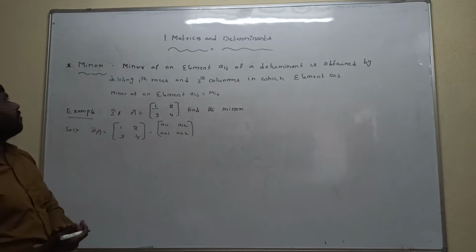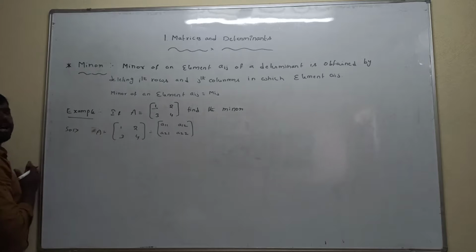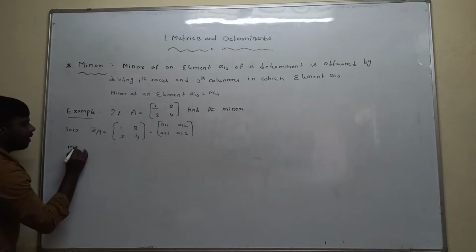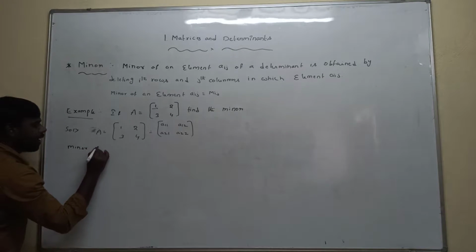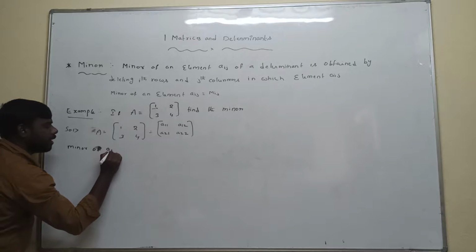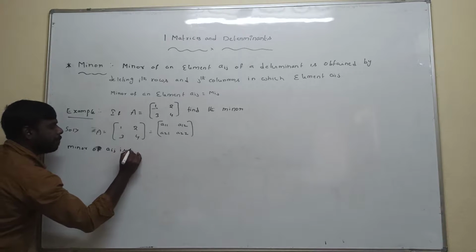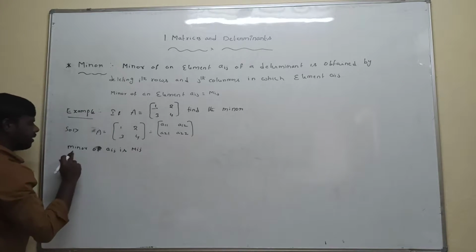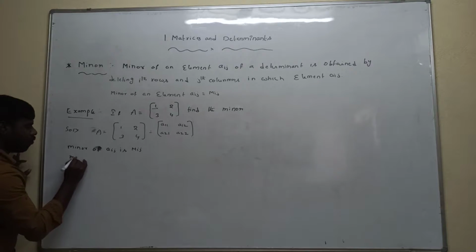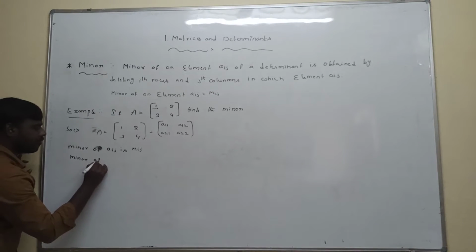How do we find the minor of this matrix? What is the formula? The minor of Aij is Mij. First we need to calculate the minor of A11.